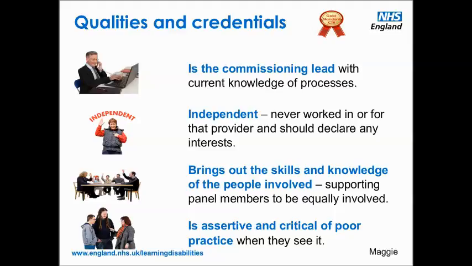The other thing about bringing out the skills and knowledge of the people involved is really seeing the CTR as a collaborative process between all members of the panel and ensuring that people are meaningfully involved, are clear about their roles and are supported to carry out their role within the CTR properly. And finally, the CTR chair is able to challenge areas of poor practice when they see it.